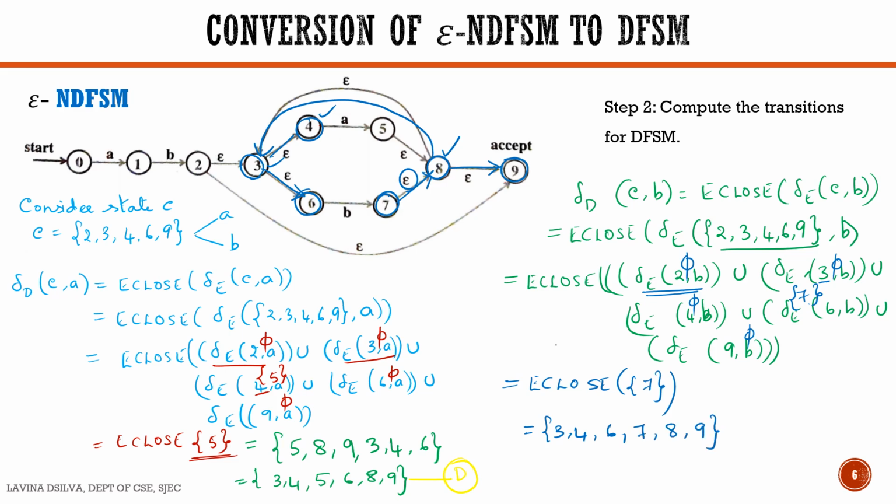We call this state E because this is a different formation. Here it is 3, 4, 5, 6, 8, 9. Here it is 3, 4, 6, 7, 8, 9. Therefore, we have two states which are formed.